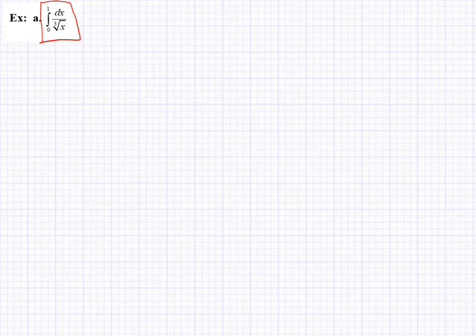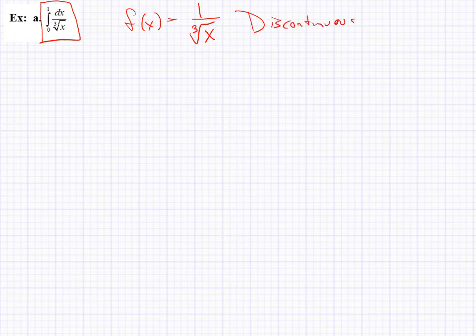But if you look closer at the function that we're working with, the function that we're working with in this integral is 1 over the cube root of x. That function is discontinuous at x equals 0. X equals 0 just so happens to be the lower limit in the interval of integration. And so therefore this is an improper integral.